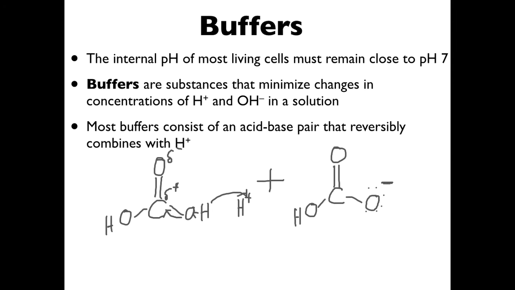So what happens here is that if you were to dump a bunch, let's say that we put a bunch of hydrogens into the system, right? These are all hydrogen ions. If we put a bunch of hydrogens into the system, what happens is that most of those hydrogens just get stuck on our bicarbonate, and we make more carbonic acid.